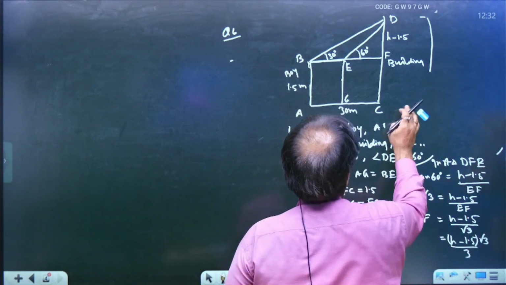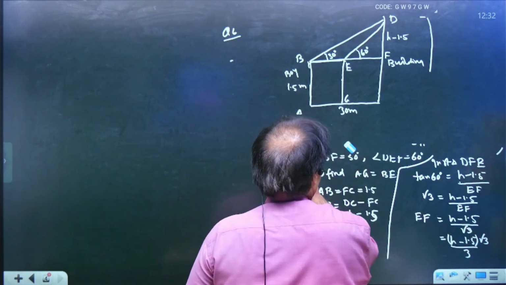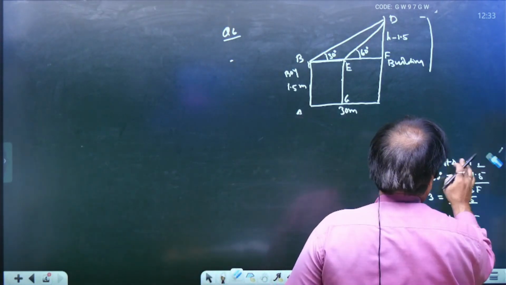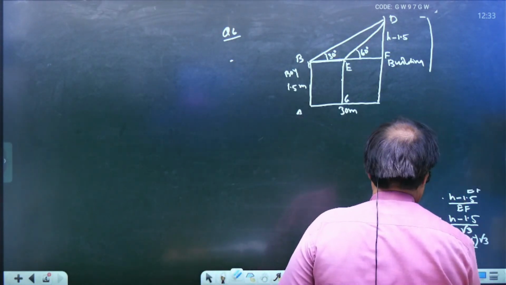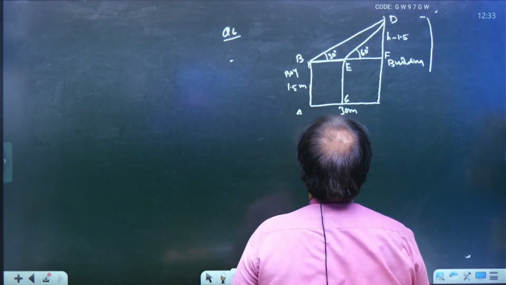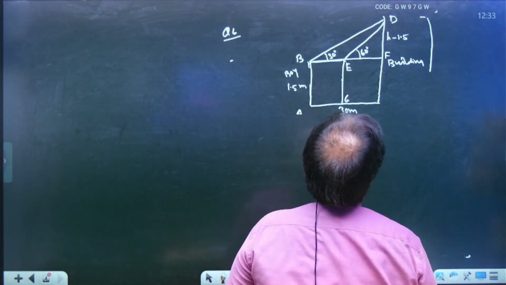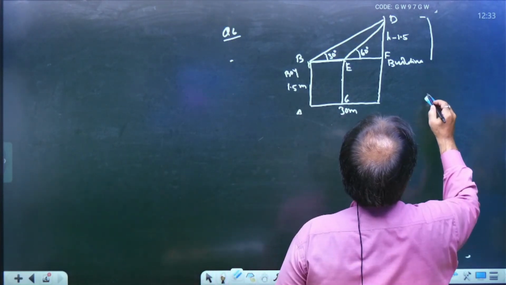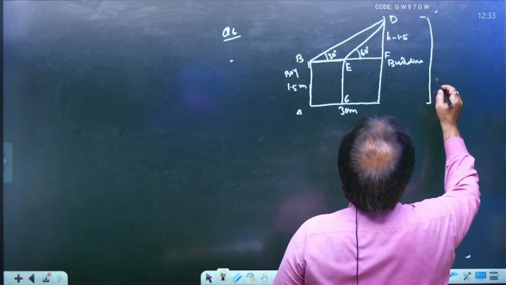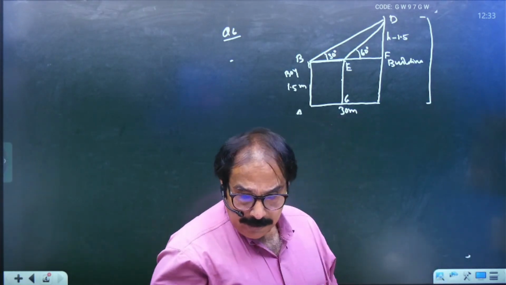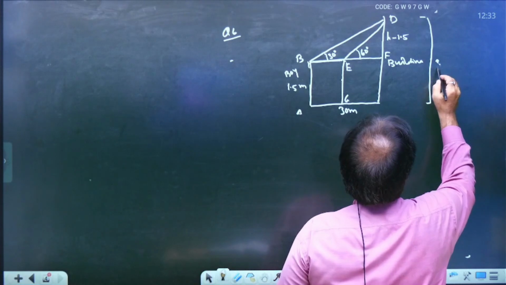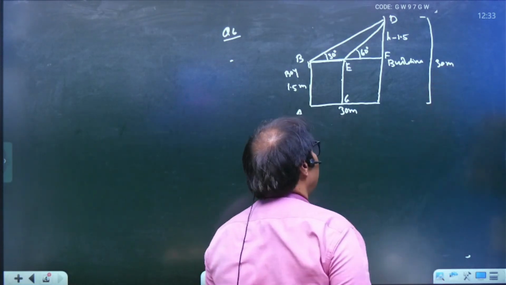It is my mistake. So the height of the building is given. How much is given? The height of the building is 30 meter, right?